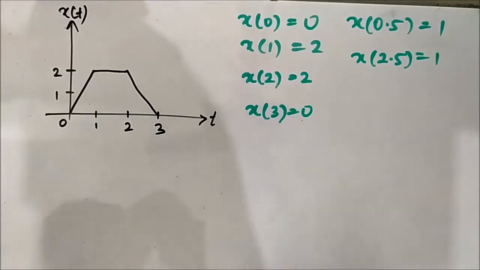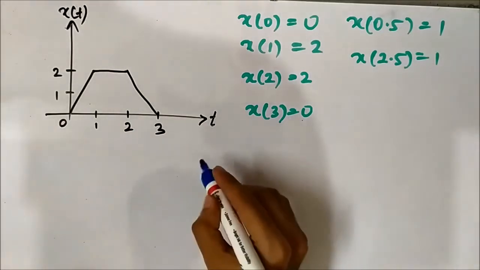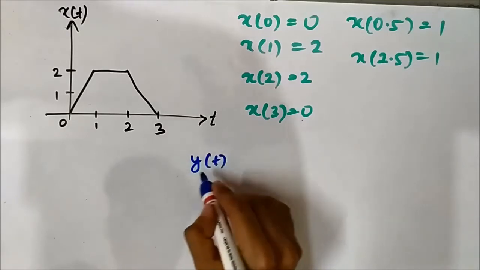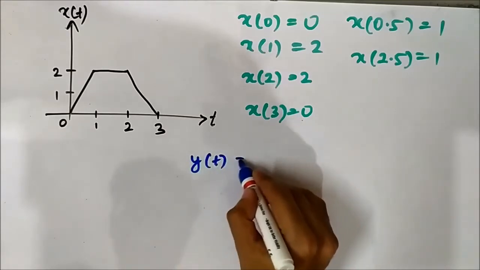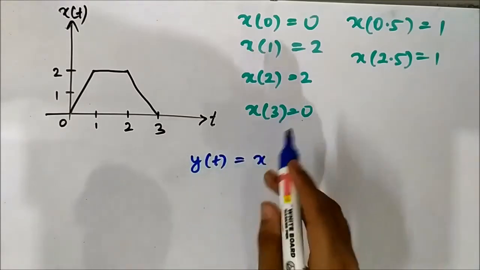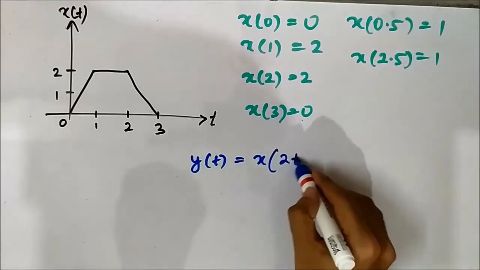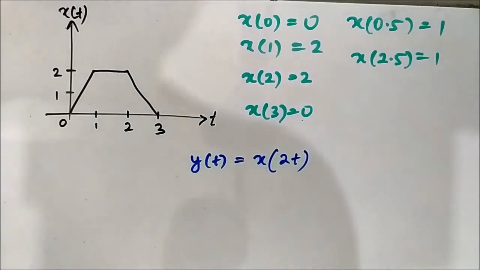So now we have to perform time scaling to generate a new signal y(t), which will be equal to, let's take n as 2, x(2t).